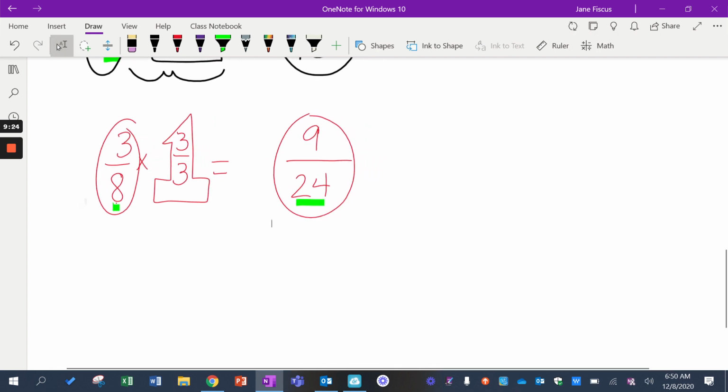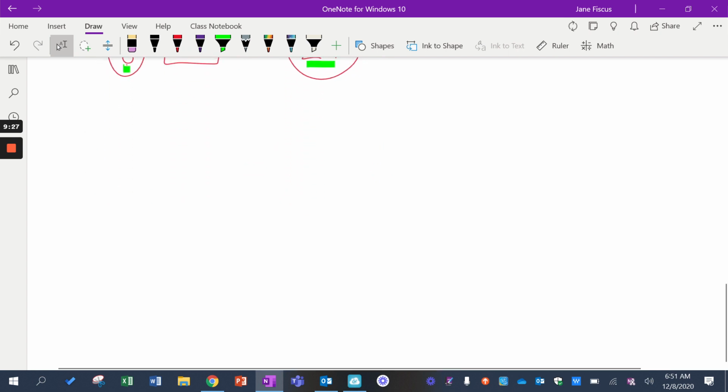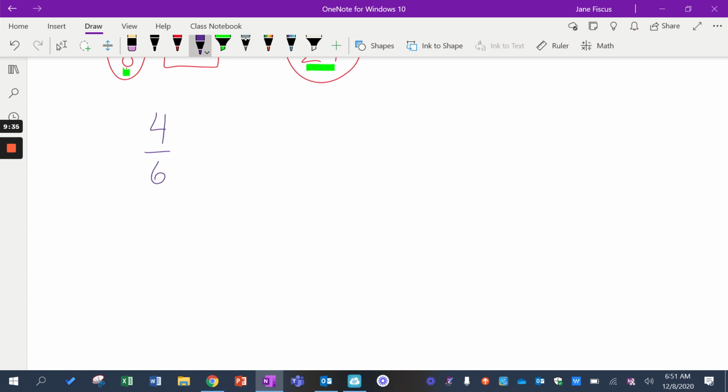All right, what if instead of a denominator, I want to find a missing numerator? What if I start with 4/6 and I want to turn it into 8 over something? What would that denominator be? All right, let's see.